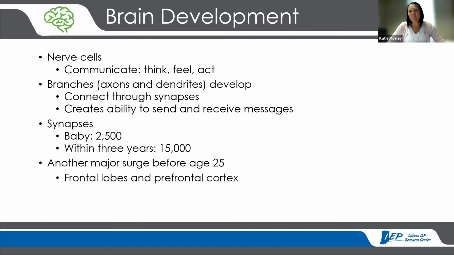So keep in mind that you can change these behaviors, because with neuroplasticity, we can always change and adapt and develop new behaviors. We're going to talk at the end about repetition and reinforcement and how those can improve the different areas of executive functioning.